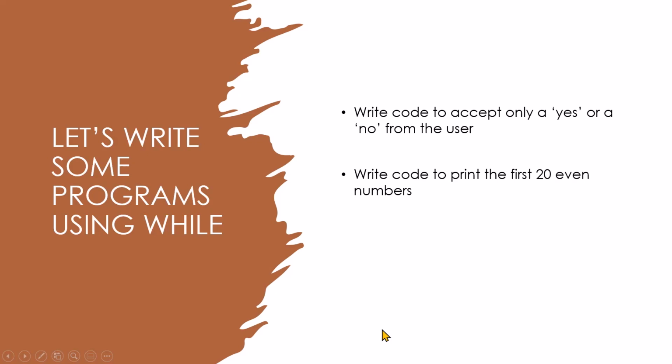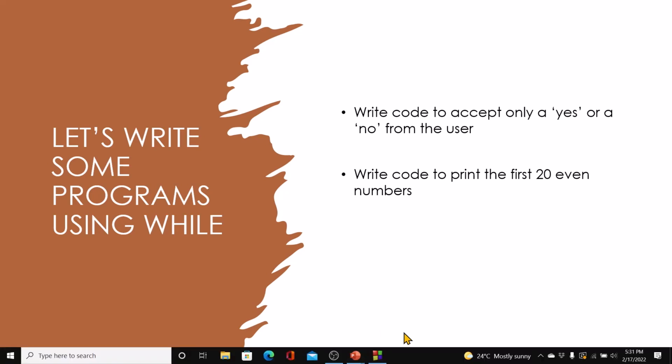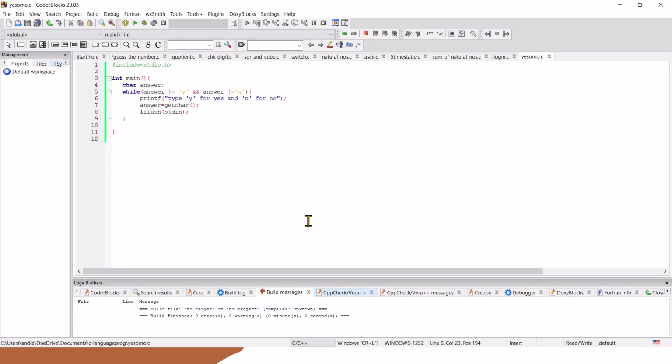How do we know if a number is even? Simply by checking if the remainder is 0. Remember, any number divided by 2, if the remainder is 0, it's an even number. So let's go and write that code. We need to generate the first 20 even numbers.